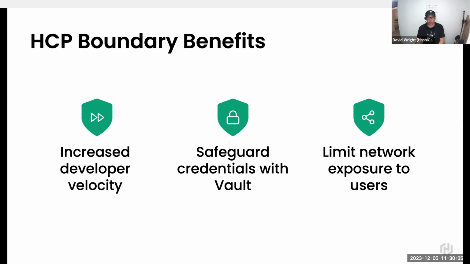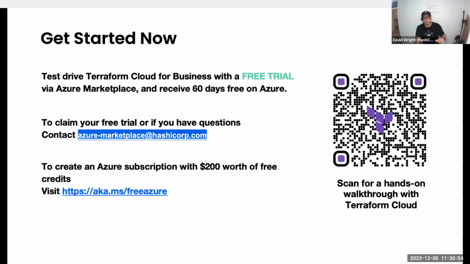It safeguards credentials by not exposing them to the user and keeping them defined within the workflow of Boundary and the workers, and still limiting the exposure of what users can gain access to by defining an endpoint that they're connecting to.